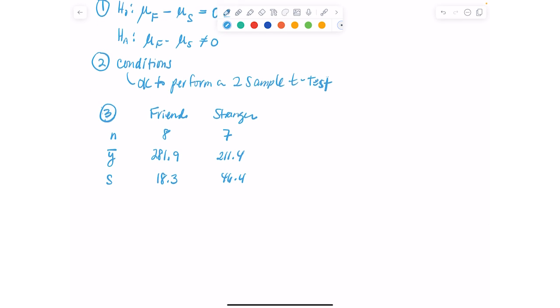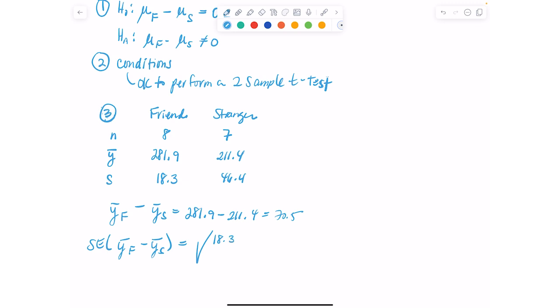Okay, so now I'm going to find y bar f minus y bar s, and that's just 281.9 minus 211.4, which is 70.5. And then the standard error of your y bar differences is going to be the square root of 18.3 squared over 8 plus 46.4 squared over 7.